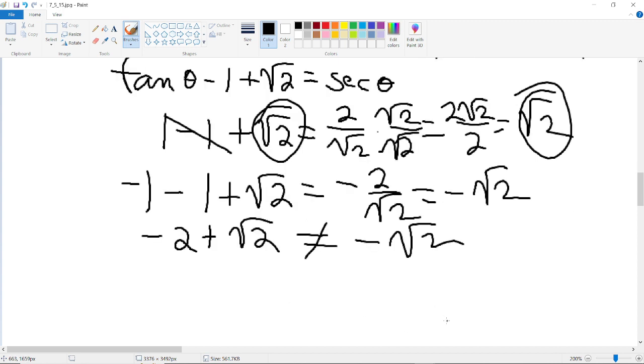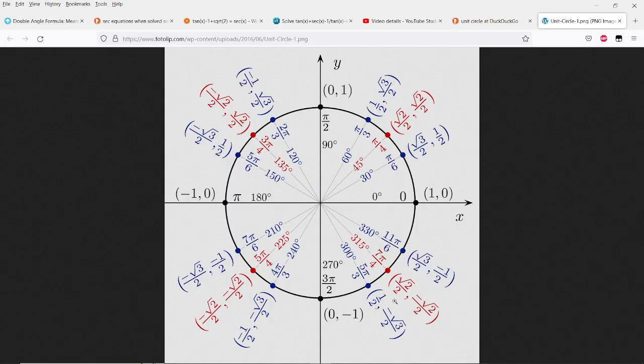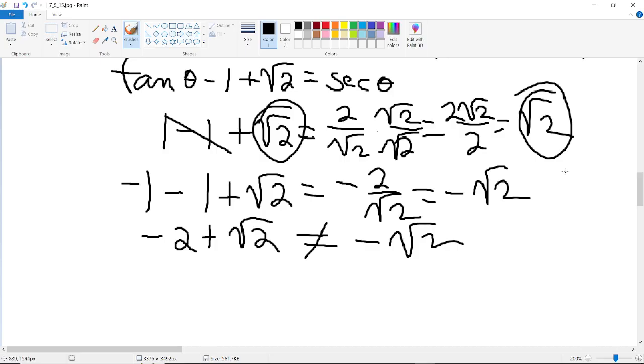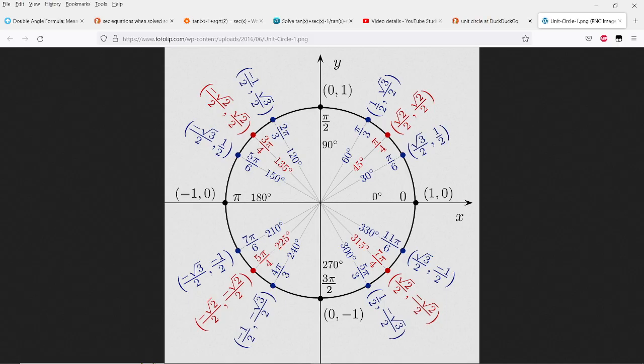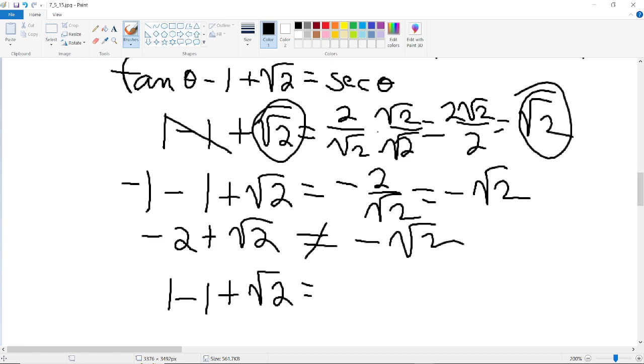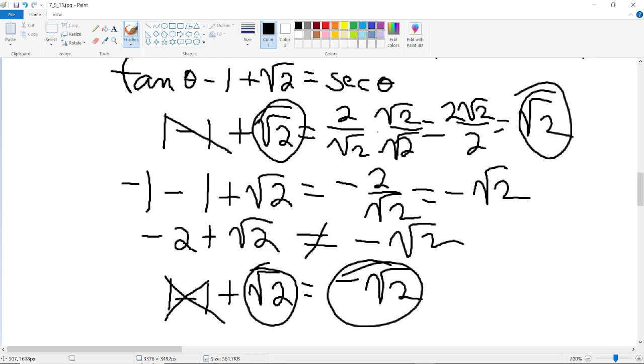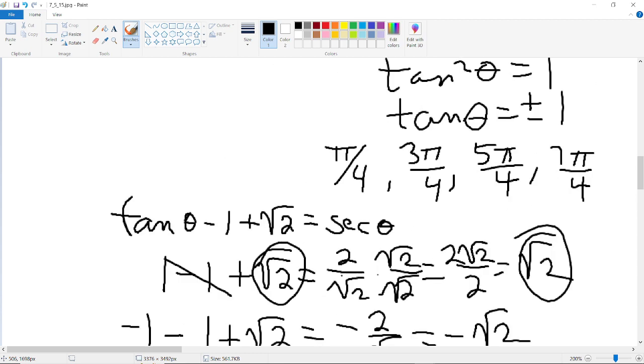So 3 pi over 4 doesn't work. 5 pi over 4, tangent is 1, so 1 minus 1 plus square root of 2 equals secant of 5 pi over 4, which is again negative square root of 2 because the cosine is negative square root of 2 over 2, and square root of 2 does not equal negative square root of 2. So 5 pi over 4 does not work.